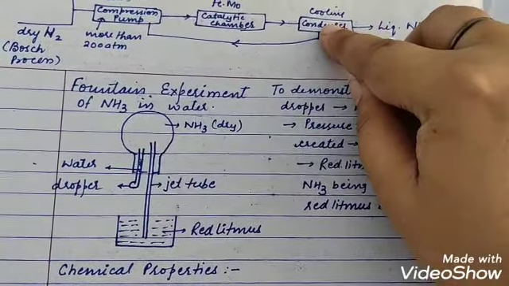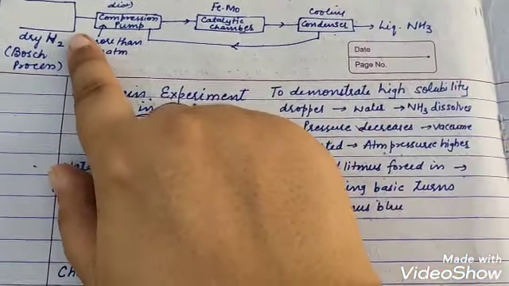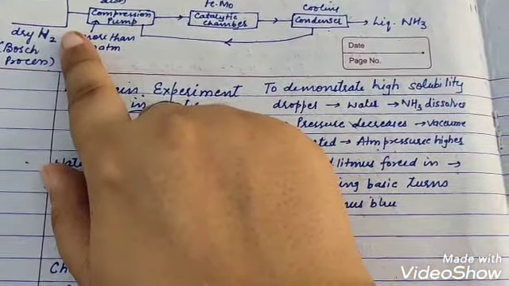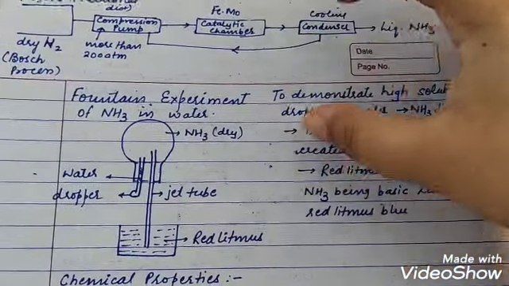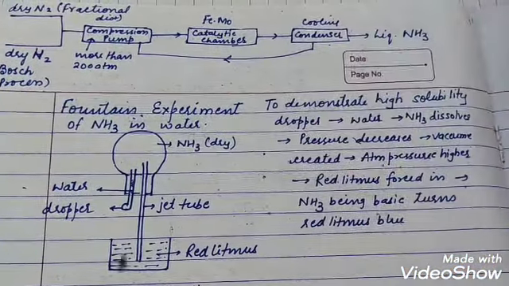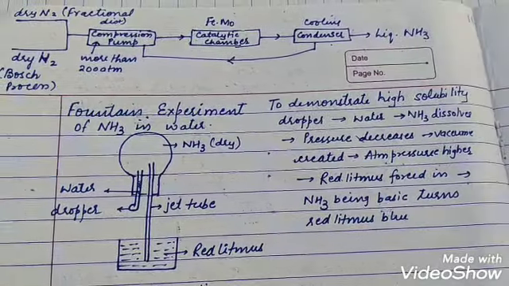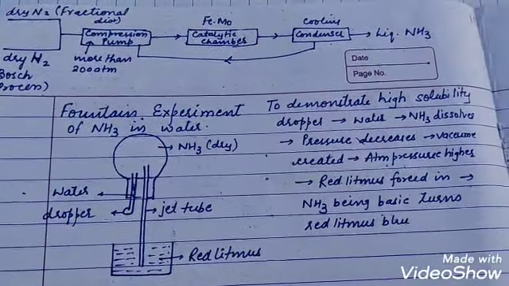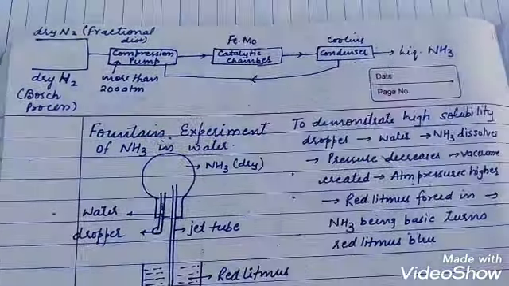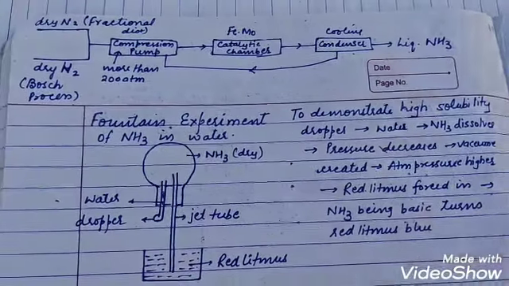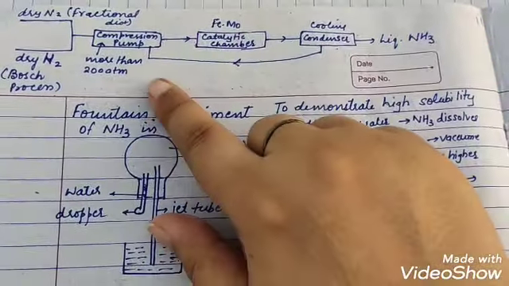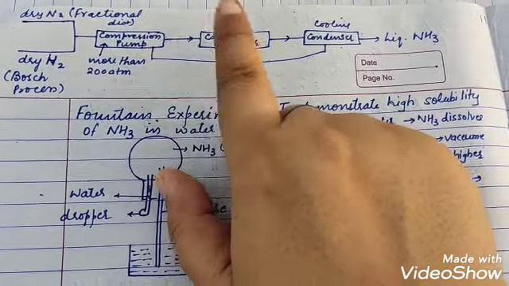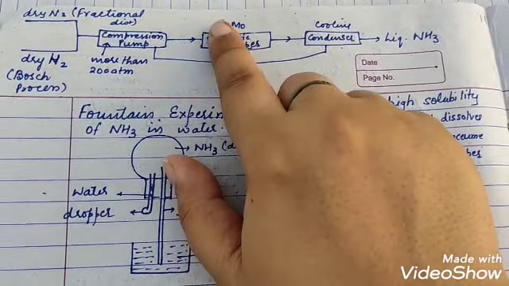Remember one thing: when we are carrying nitrogen and hydrogen back, it can carry impurities in the form of carbon dioxide, carbon monoxide, and sulfur products like H2S, right? So it can cause catalytic poisoning. If we use nitrogen and hydrogen as they are, they will go to a compression pump, then to a catalytic chamber where the catalyst is present.